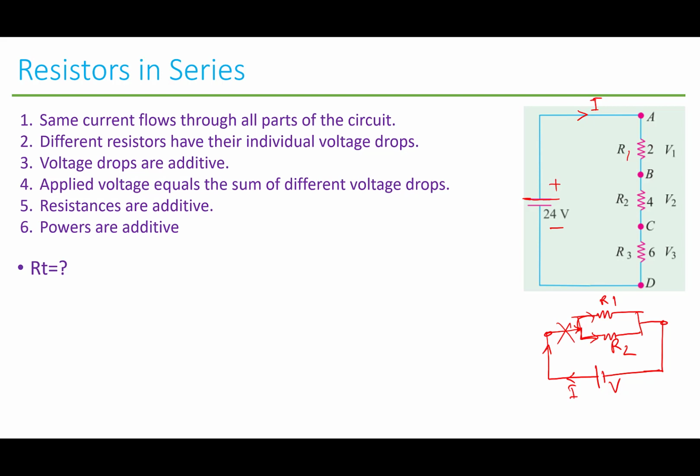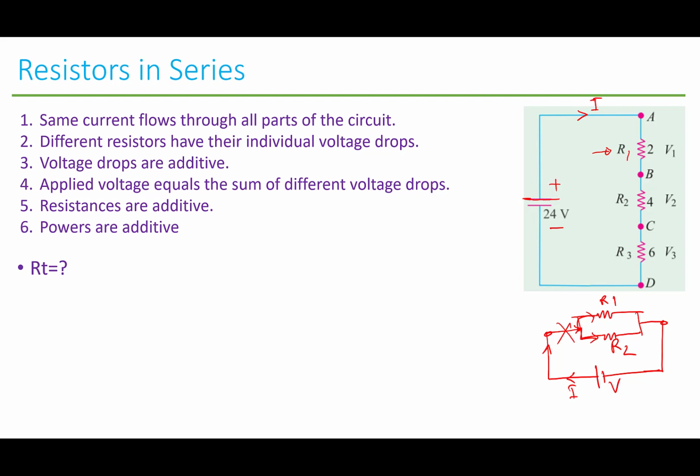Another thing, different resistors, okay, so we already know Ohm's law, right? So the voltage across this resistor R1 right here is I times R1, that is V1.